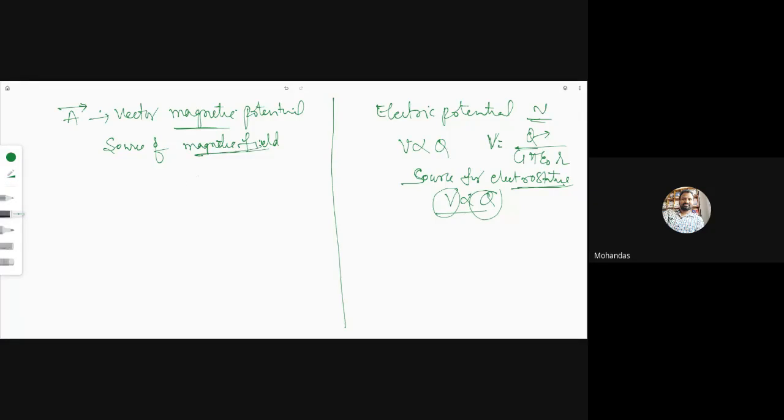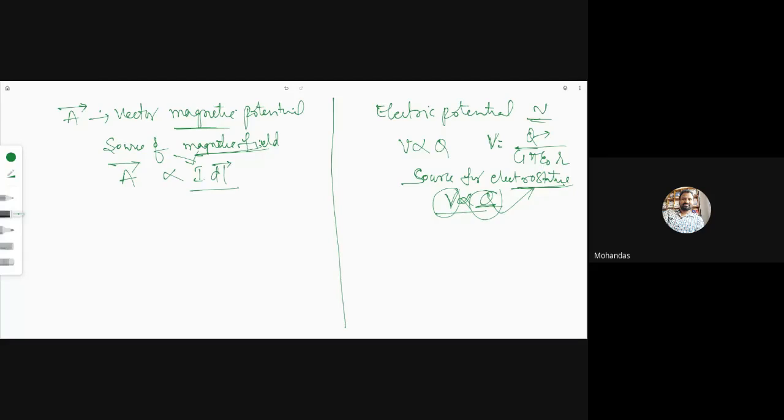A current element, I dl. As magnetic field and electric field are similar quantities, we can relate: as V is proportional to Q, as Q is the source of the electrostatic field, and I dl is the source of the magnetic field, we can relate this as proportional to A, where A is called the vector magnetic potential.